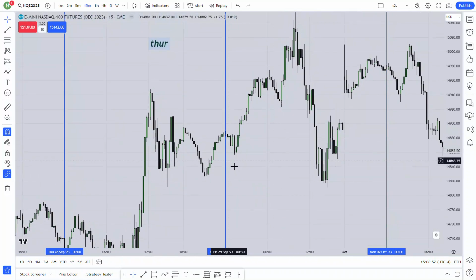And now Friday. What did Friday do? It went higher and then it came lower and closed in the middle portion, okay? It came back to the range. On Friday it came back to the range after 9:30. If you look over there, it started to go lower again and it closed into the range.